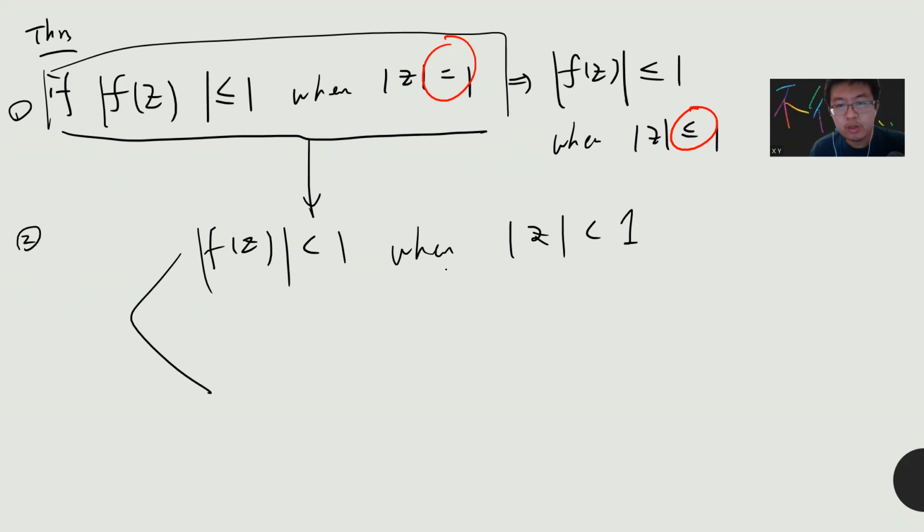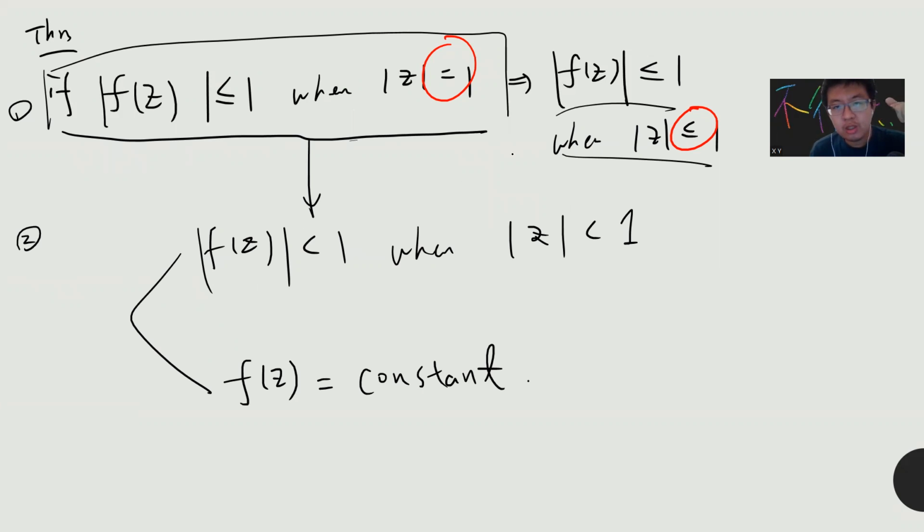One is that |f(z)| is less than 1 when |z| is less than 1, because by the modulus principle, unless f of z is a constant. So the other is that f of z is constant. So this theorem tells you that if this condition holds, then either one of these must be true.